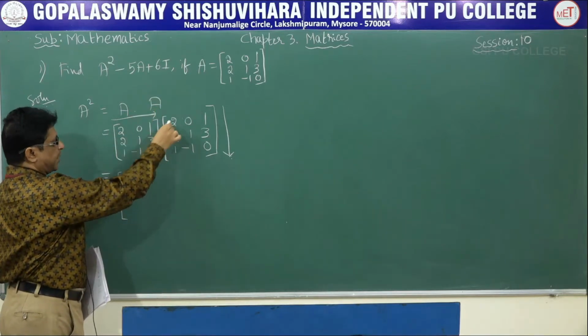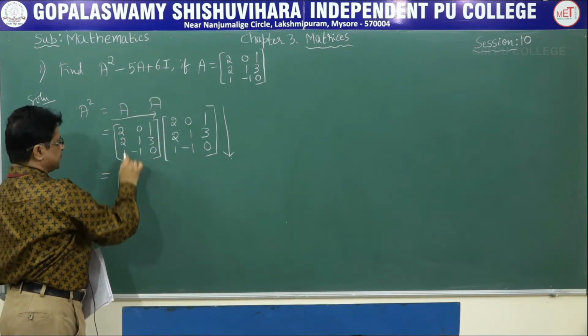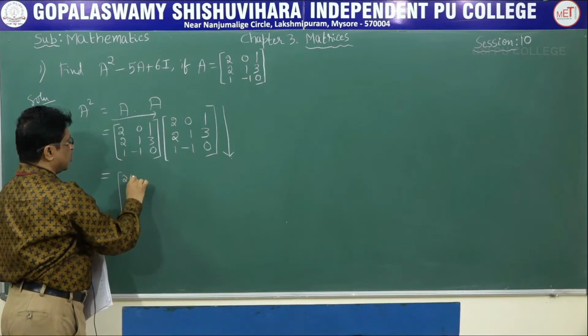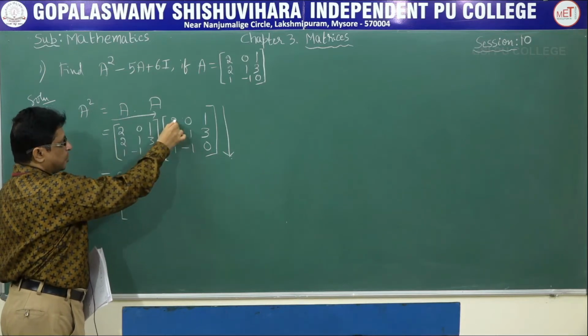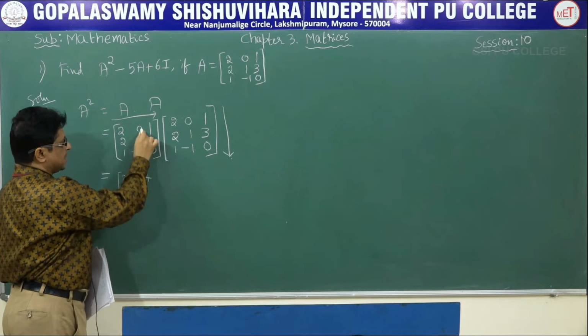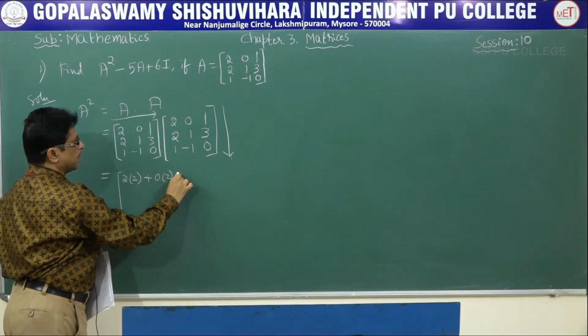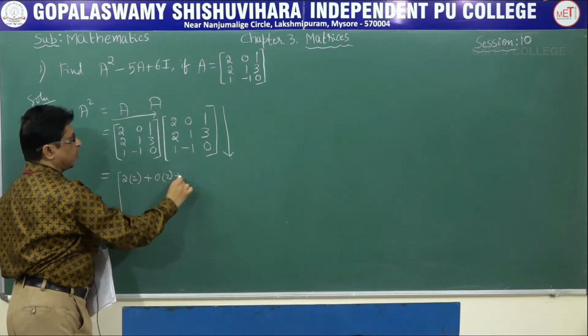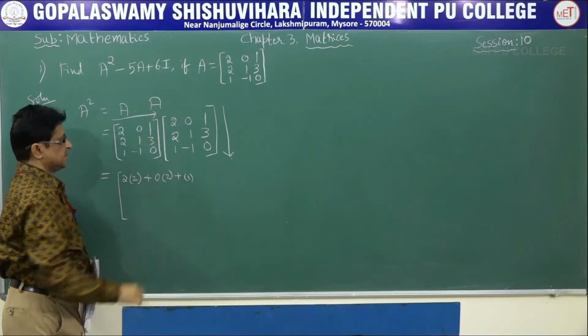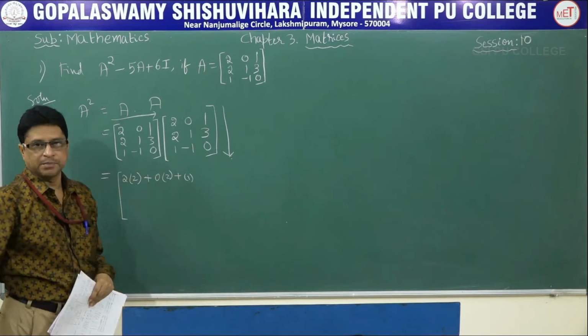So, first row into first column, that is 2 into 2 plus 0 into 2 plus 1 into 1. So this is the first element of the product matrix.